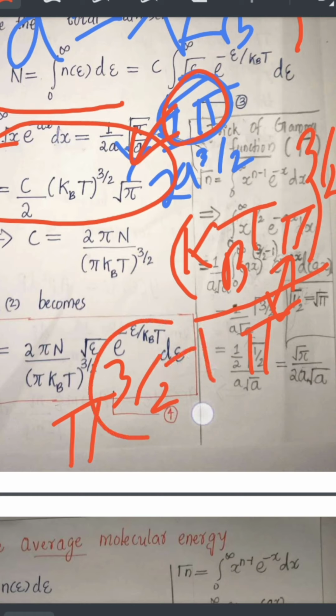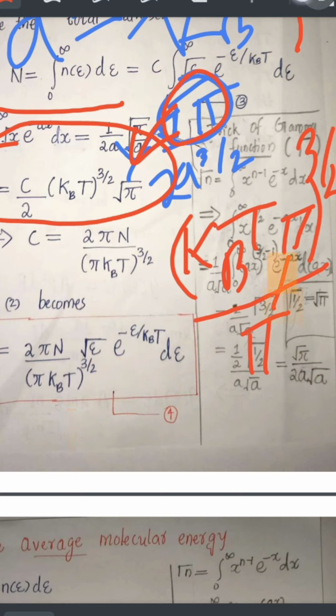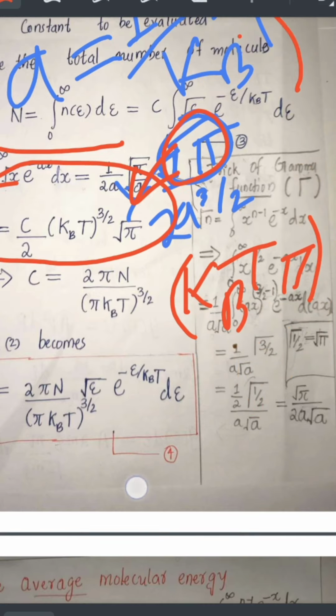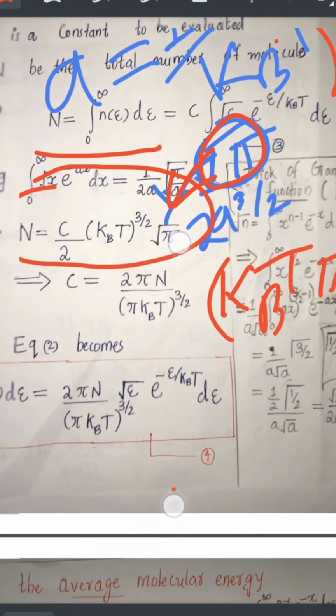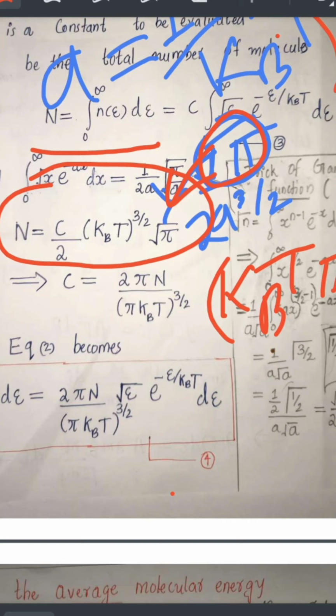So this in total gives pi to the power 1 by 2, that is root pi. So for our convenience, we can take this pi inside this kbt and we can write this c as 2 pi n over kbt to the power 3 by 2.